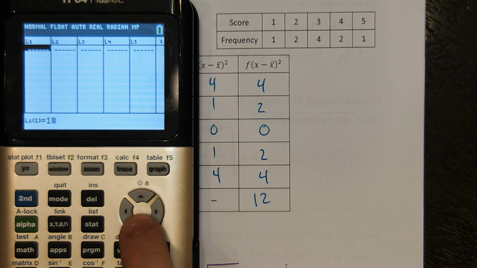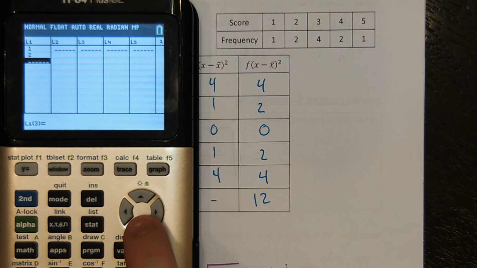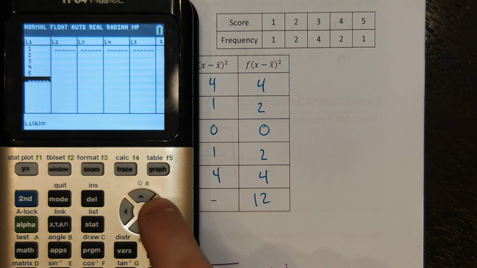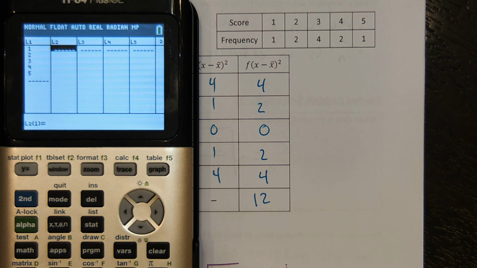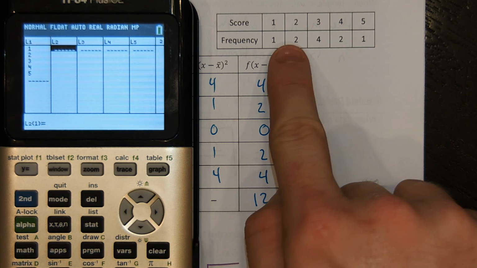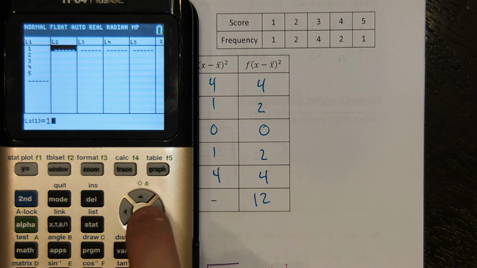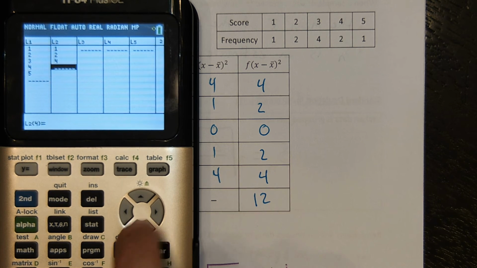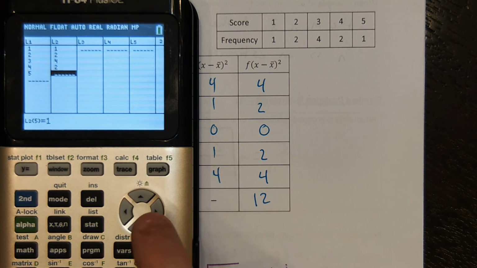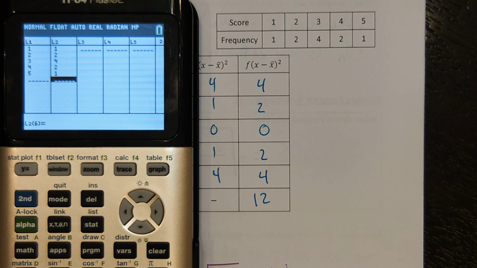So 1, 2, 3, 4, 5. Then go to the right to fill out L2. L2 is going to be your frequencies: 1, 2, 4, 2, 1. And you see I'm hitting down to get to the next term. Okay, we've now entered our data into our calculator.